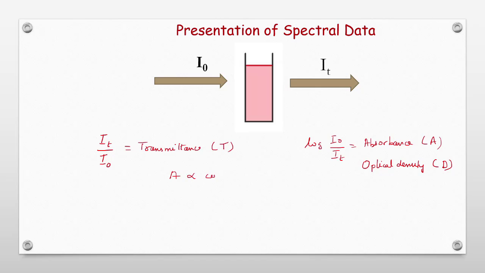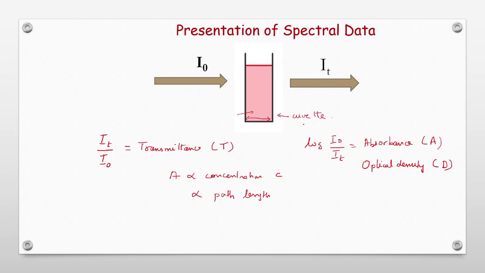Now it is found that this absorbance is proportional to the concentration of the solution taken in this. So concentration C. And it is also proportional to the path length. That is the length travelled by the light, which is nothing but the length of this container, and this container is what is called a cuvette.